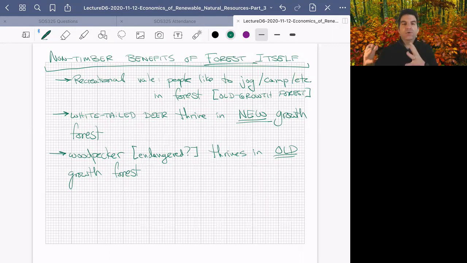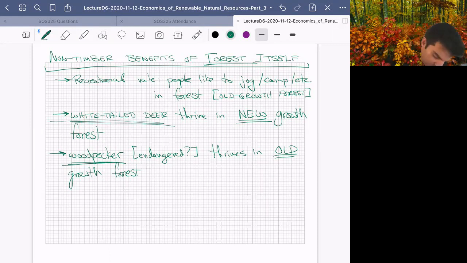And so it really likes old growth forests that it can sink its little beak into. So if we're trying to support the woodpecker as opposed to the white-tailed deer, then we have a very different management strategy. So there are some complex trade-offs here, obviously, to worry about.